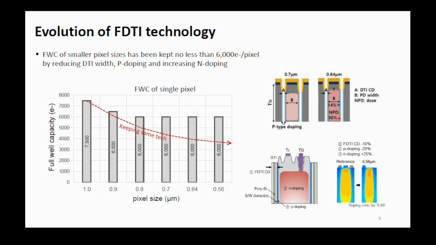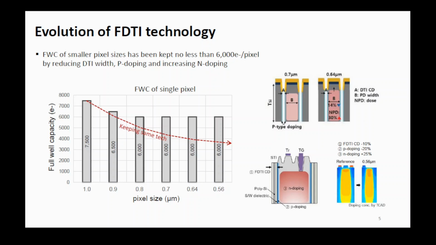For example, when we went down to 0.64, in order to keep the silicon PD volume, we made the DTI size smaller. And when we went down to 0.56 from the 0.64 pixel, we applied three techniques at the same time.